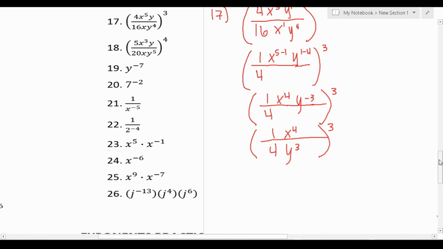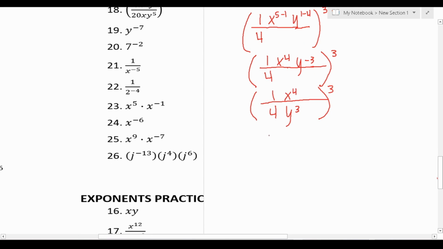So now let's go ahead and apply the expanded power rule to everything inside parentheses. Again, if it's helpful, write your 1s right there. Okay, so let's go ahead and do that. Again, the expanded power rule says use the power rule to apply this power to everything inside parentheses.